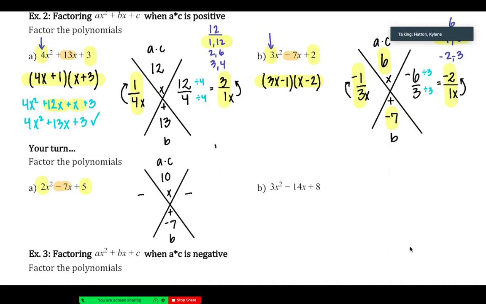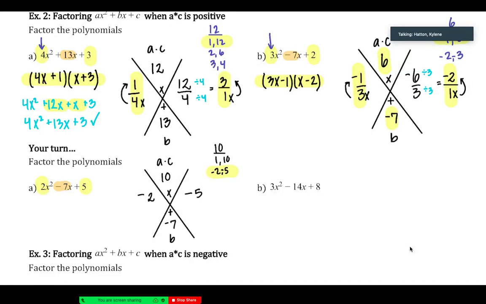So our factors of 10 could be 1 and 10 or 2 and 5. If we make the 2 and the 5 negative, then they'll multiply to positive 10 but add up to negative 7. So negative 2 and negative 5 are our numbers.